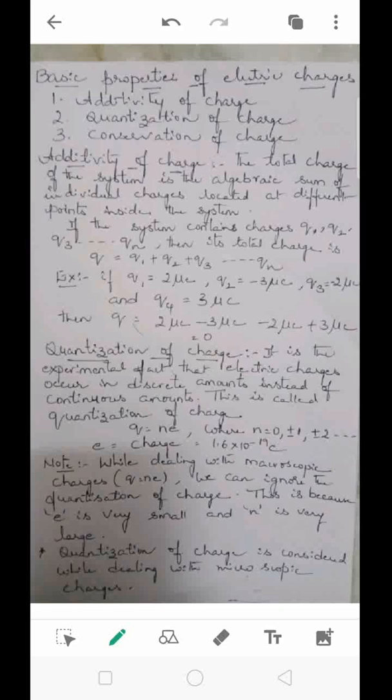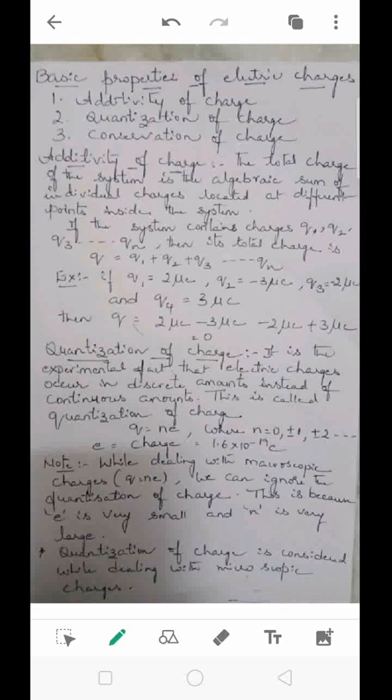According to the additivity of charge, the total charge Q = Q1 + Q2 + Q3 + Q4, that is 2 microcoulombs minus 3 microcoulombs minus 2 microcoulombs plus 3 microcoulombs. So the total charge is equal to 0. Thus the total charge on the body is 0. This is how electric charges follow the property of additivity.